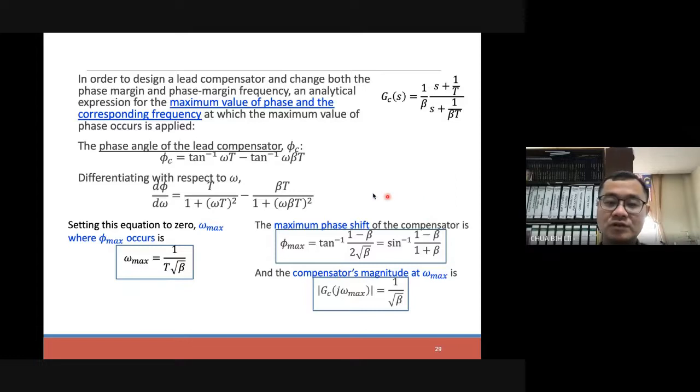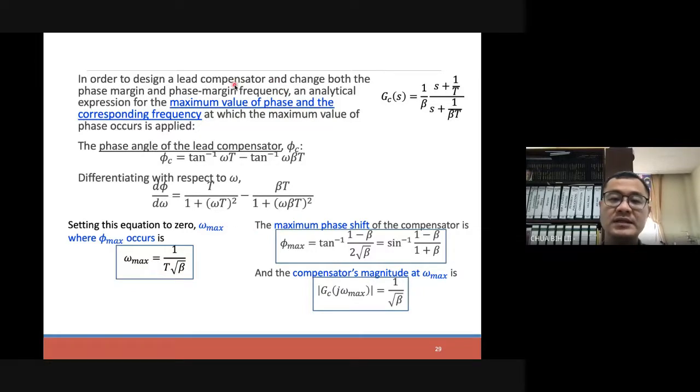So the design for this is a little bit more complicated, but nevertheless very similar. You have to remember the relationships.